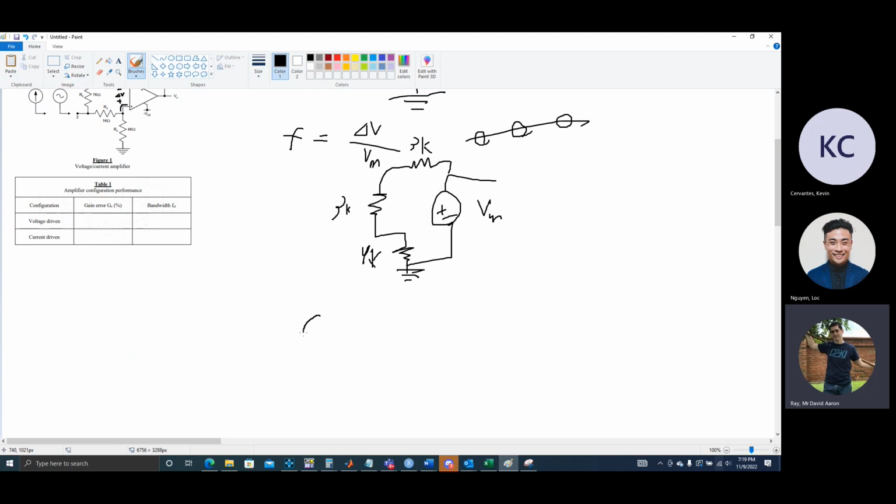So now we have F, or let's go with change in V. Let's do change in V is equal to our voltage, what's generating the voltage, our independent source, times the voltage divider. So that's going to be change in V right here.